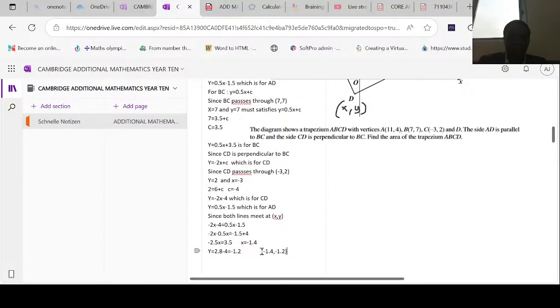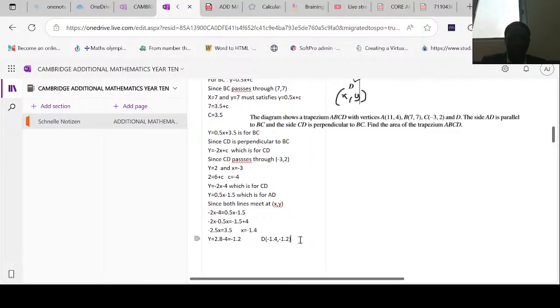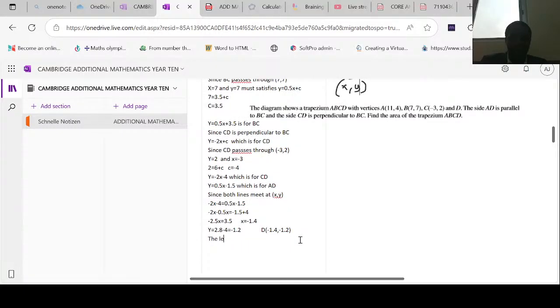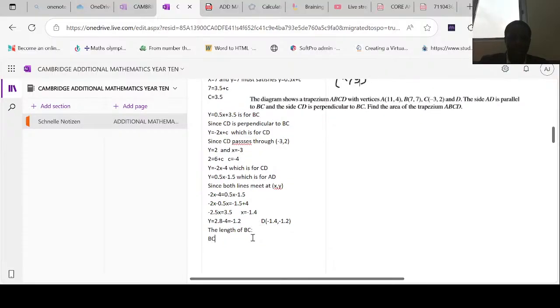The length of BC will be the square root of, so we now subtract.